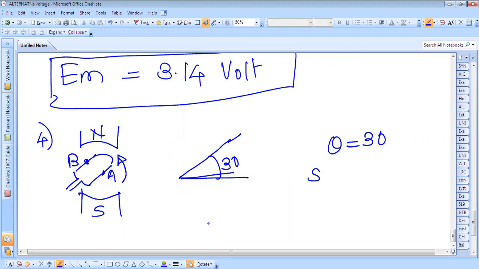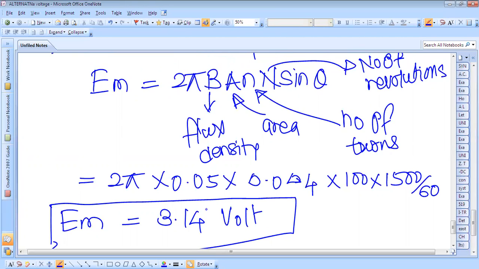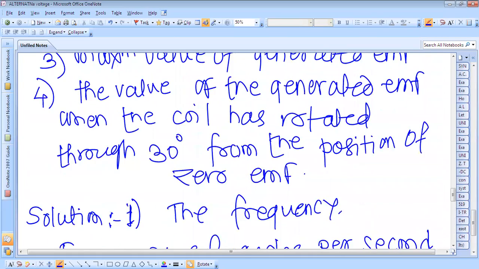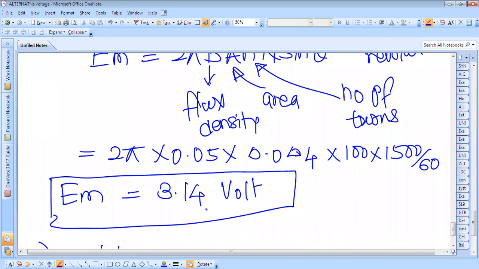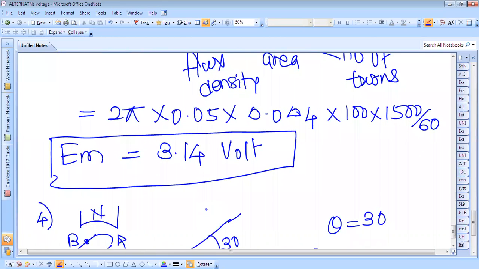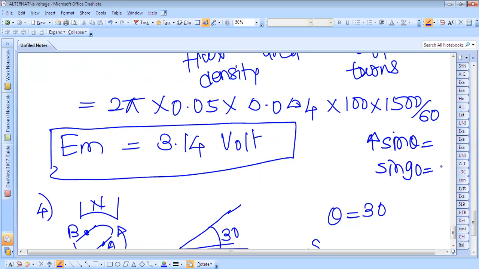So instantaneous values in this figure, we have the sine theta is equal to, here it is right angles, therefore sine 90 is equal to 1.